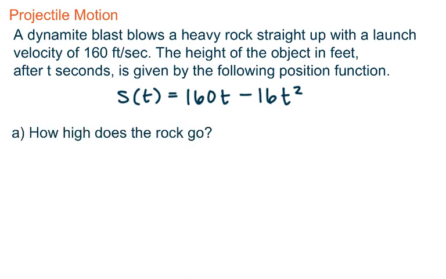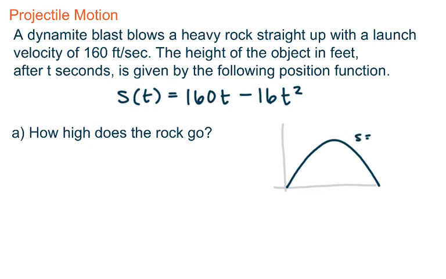So the first part of this question, we're going to discuss how high does the rock go? Well, before we really get into anything, one thing that's generally pretty important for us to do is to consider what our function looks like, especially in an application problem. And if we were to graph this on the calculator, we would get a parabola.